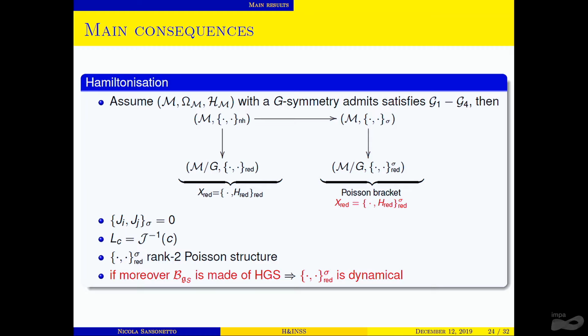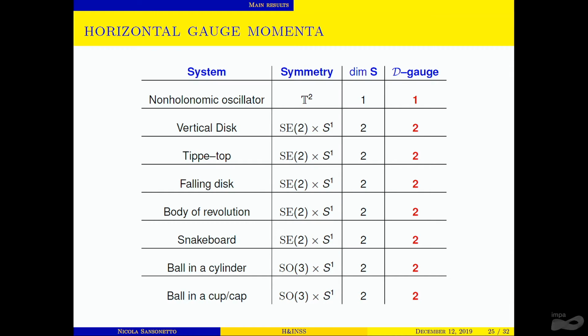Then the brackets are Poisson, but are also dynamical, meaning that the reduced system is Hamiltonian. And this happens in all these cases. So in all these cases, in the reduced system, we have a reduced rank 2 Poisson structure.